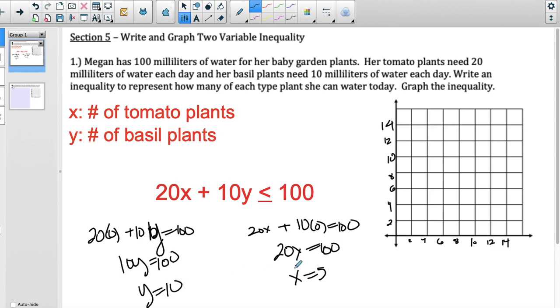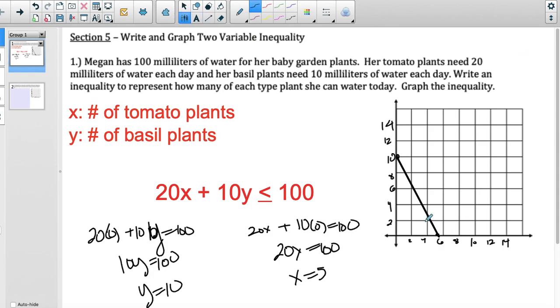With this being the x and the y axis, we can go ahead and graph those intercepts. Over to 5 on the x-axis, up to 10 on the y-axis, and it's less than or equal to, so we'll use a solid line. Go ahead and graph that in. Remember that this is just a boundary because of the inequality sign.